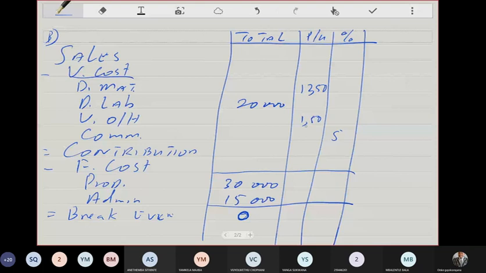Okay, it's 20 rands here, and your selling price is given again 40. That takes you to that 36. Then we've got 4 rands.